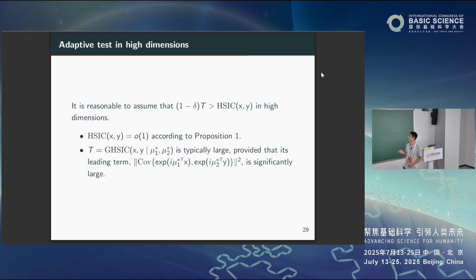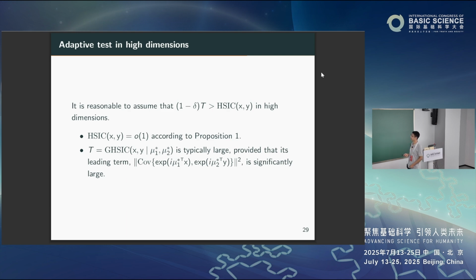We find that it is really reasonable to assume this kind of inequality in practice, because as we have shown in our Proposition 1, the traditional HSIC is of small o(1), and because of the optimization, the generalized HSIC is approximately this one.